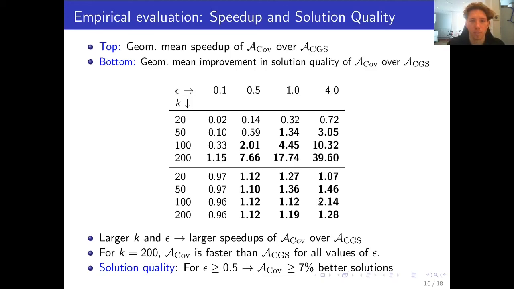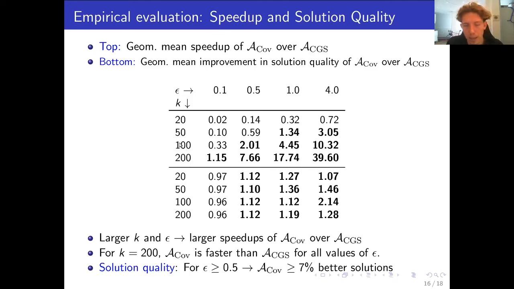Okay, so now the results. The top of this table describes the geometric mean speedup of ACUF over ACGS, so our algorithm over theirs, and the bottom is the geometric mean improvement in solution quality of our algorithm over theirs. As you can see, as k goes up, our solution quality improves and our speedups improve.